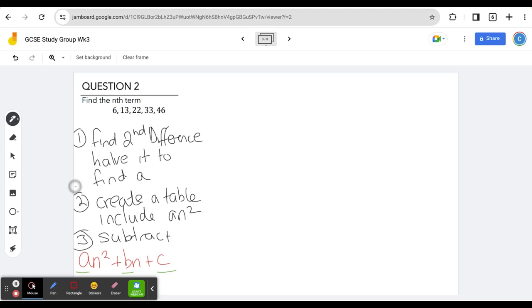Let me put some lines here so it separates it. So we subtract that. And then the final part, let me rub this out. I'll write it out again for you. And the final step is to find the nth term of the linear sequence that's left behind.